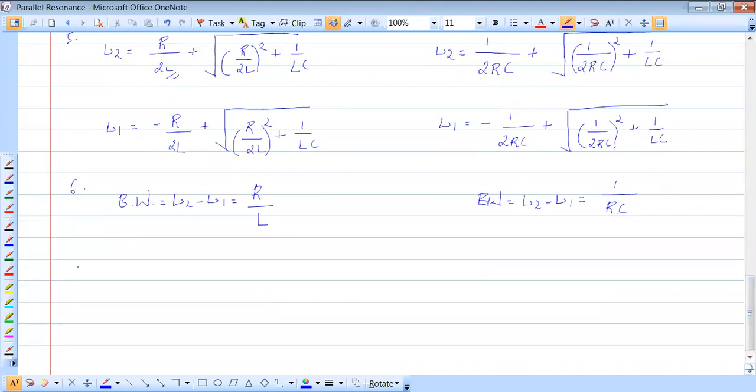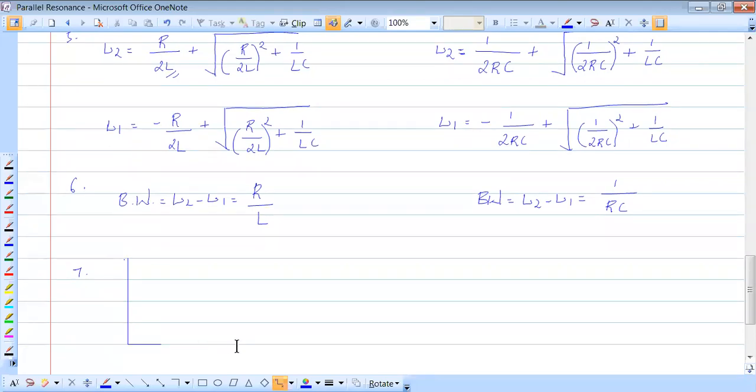Now let's take the plot for example. What was it that we were plotting? Suppose this is our x-axis, which is F. What used to be our y-axis in series resonant circuit? This used to be the current. Then we used to vary frequency.